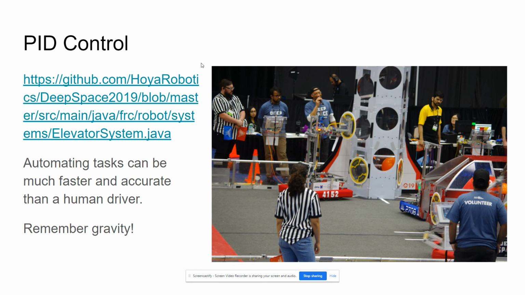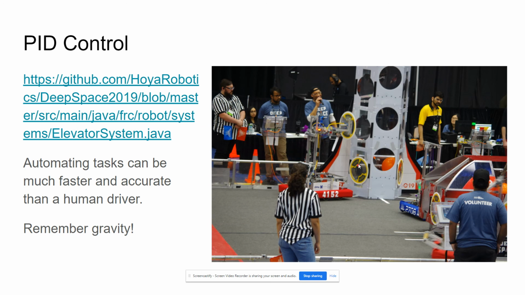Another thing, and this is a link to our Deep Space code. So this is our robot for Deep Space, and at our first competition at Durham College, we would use our elevator mechanism to deliver hatch panels and cargo into the different holes.